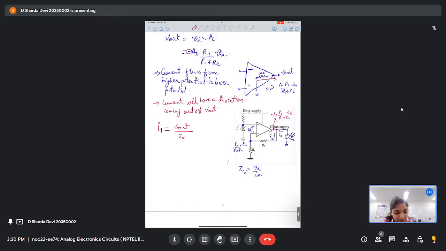That current was going inward, so we have changed the direction, and another negative will come. So it will make it plus A naught R1 upon R1 plus R2 times Vx by Z naught, which makes it A naught R1 by Z naught into R1 plus R2 Vx. This is one component.